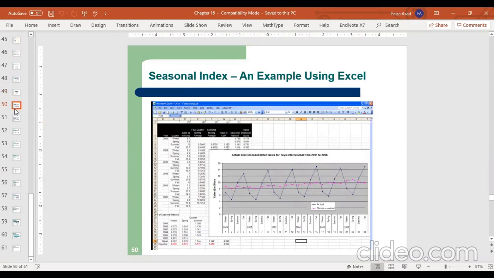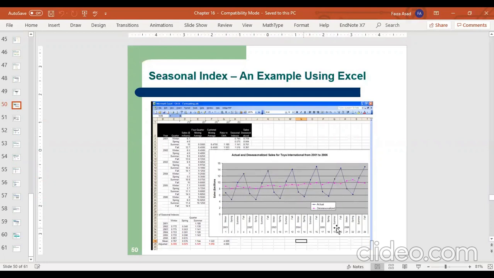Again, this is the output from Excel. The previous one was the Minitab output, and this is the Excel output for the same example. This blue line shows the seasonal variation for actual sales, and this pink line shows the deseasonalized data, or you can say the sales data without seasonal effect.